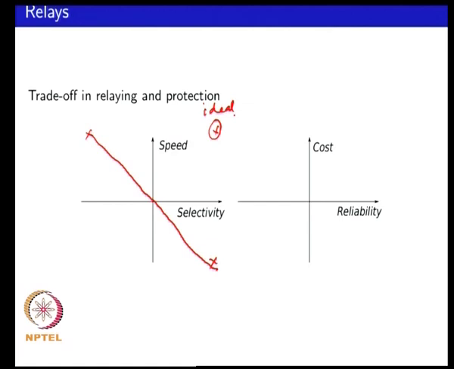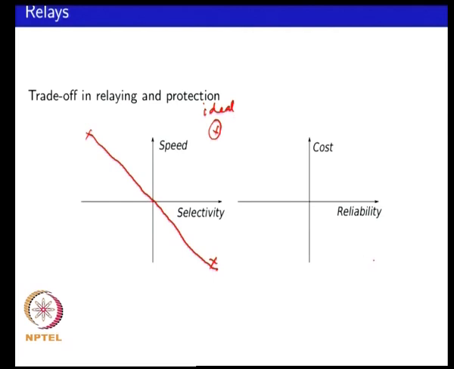Another trade off would be in terms of reliability. You would like your relay to be extremely reliable. It should be fully protected against damage, and against malfunction and poor operation, and to add protective systems and redundant circuits, you would incur more cost.